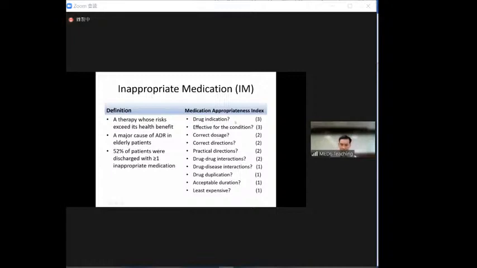So does the drug have any indications? Is it effective for the conditions the patient is taking the medication for? Correct dose, practical direction to the patients, any drug-drug interaction, disease interaction, any duplication of the effects, any acceptable duration.